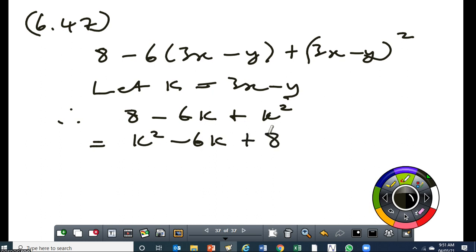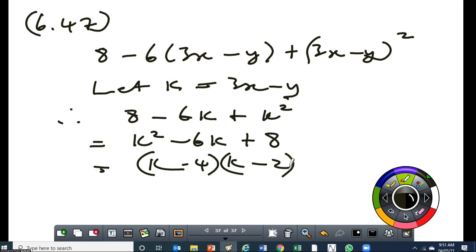The good thing is you are familiar with this trinomial from last year. So I'm going to factorize it. Because the coefficient of k squared is a 1, it should be very easy for you to factorize. You get k there and the k there. This is minus 6k, so I can put minus 4 there and the minus 2 there.